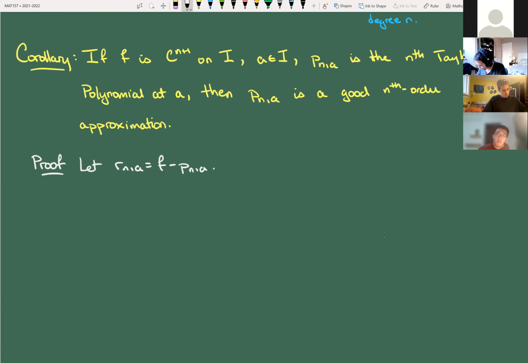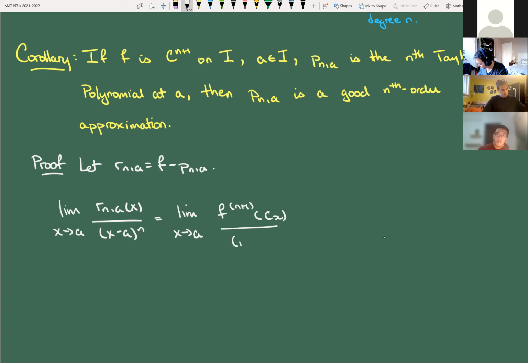So we're going to have that the limit as x approaches a of R_n,a(x) divided by (x minus a)^n is the limit as x approaches a of f^(n+1)(c_x) divided by (n+1)! times (x minus a). So this is using the theorem.